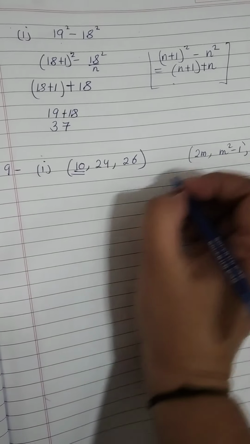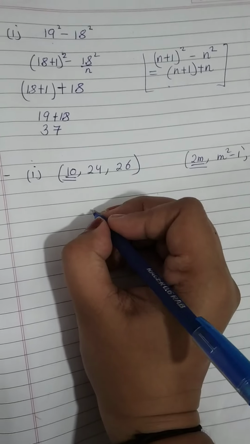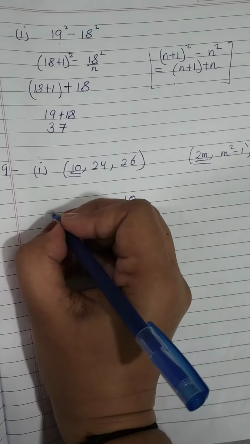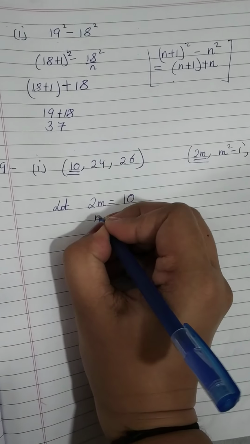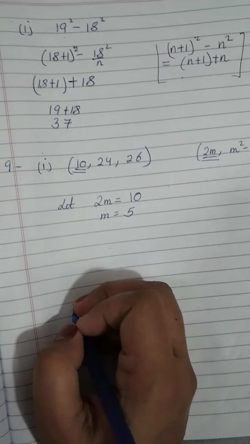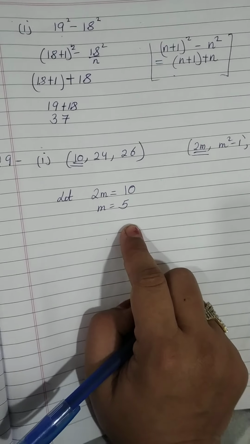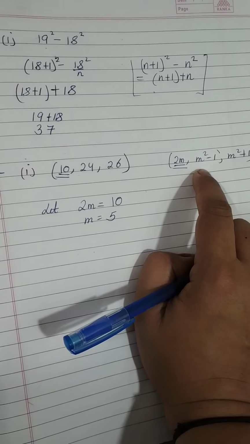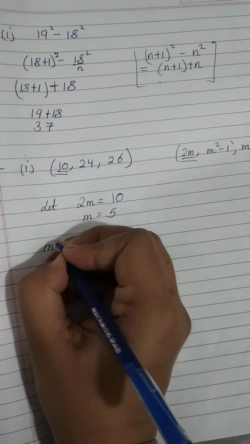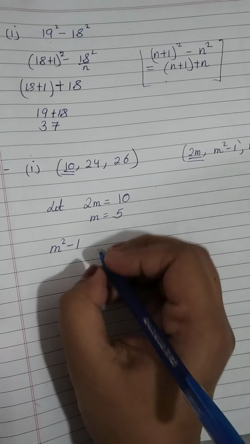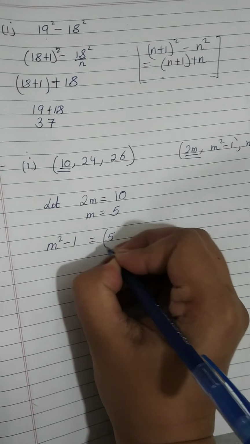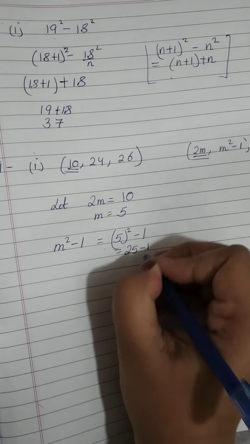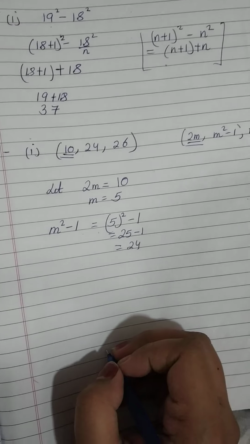The first one we will take equal to 2m. I'm going to write it. 2m is equal to 10. So m is equal to 5. We get m is equal to 5. Now we are going to find the second thing, that is m square minus 1. What will be m square minus 1? 5 square minus 1, 25 minus 1, that is 24.